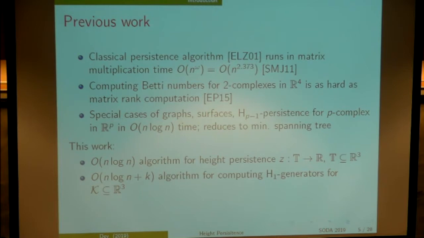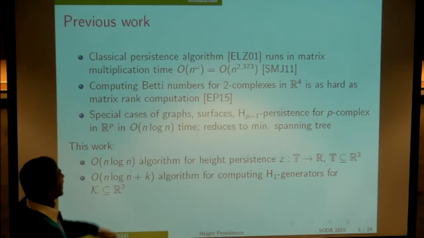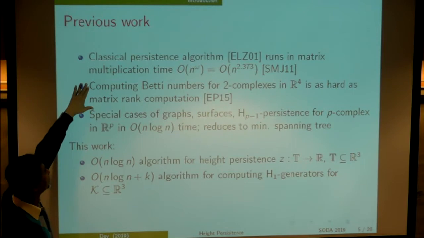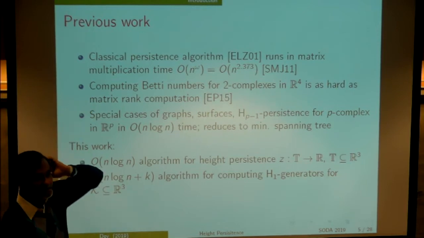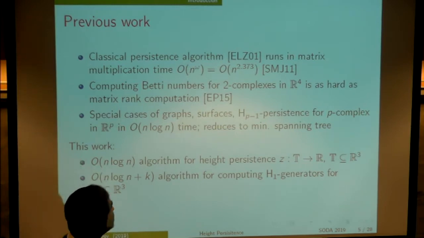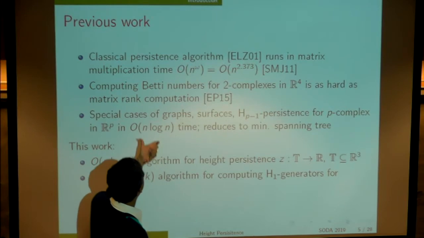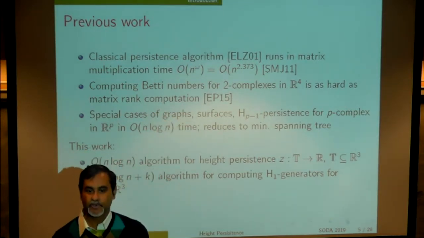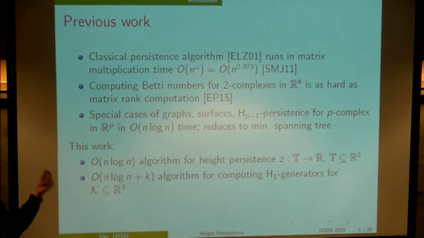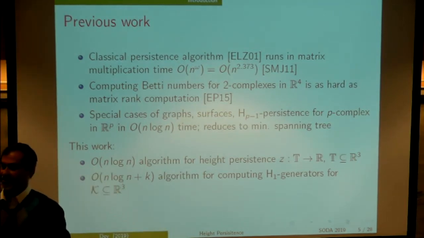You can see it. So that is n to the power 2.373, but here is something which was very intriguing. In 2015, Edelsbrunner and Salman Parsa, his student, proved the following. They proved that computing the Betti numbers of 2-complexes embedded in R4 is as hard as matrix rank computation, for 0-1 matrices over Z2.